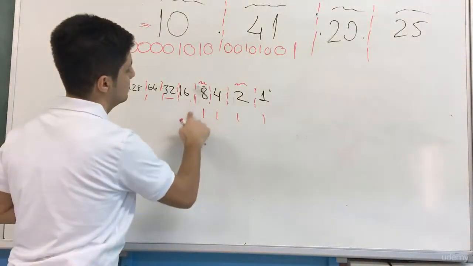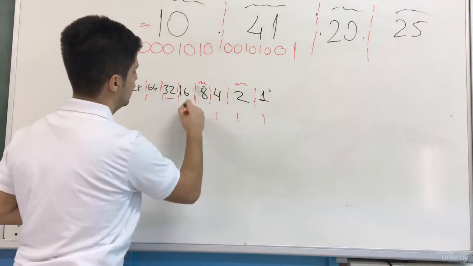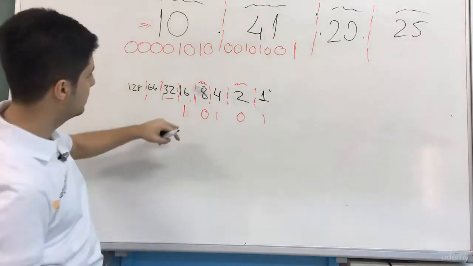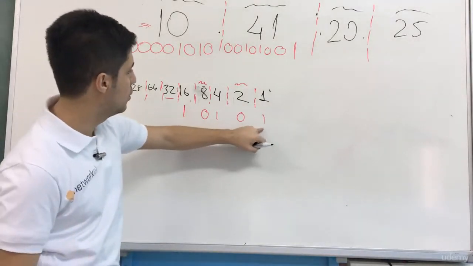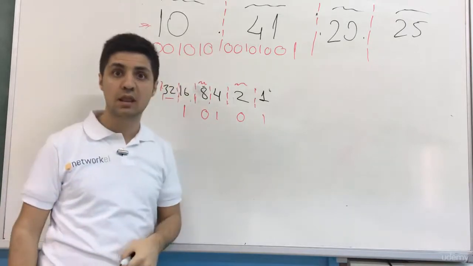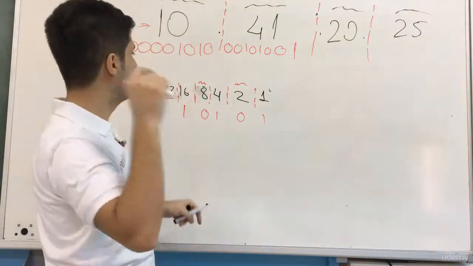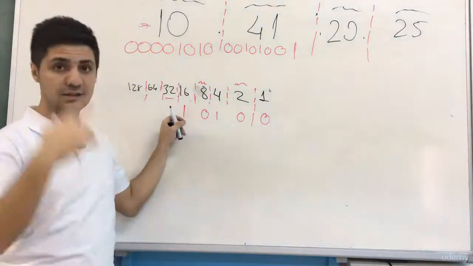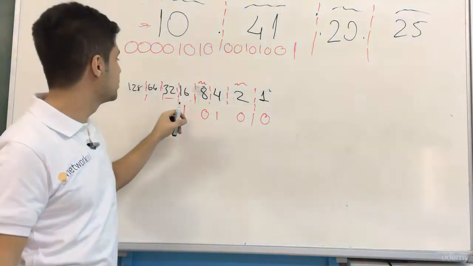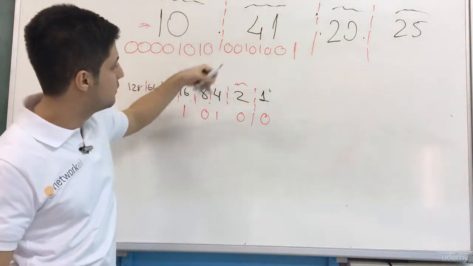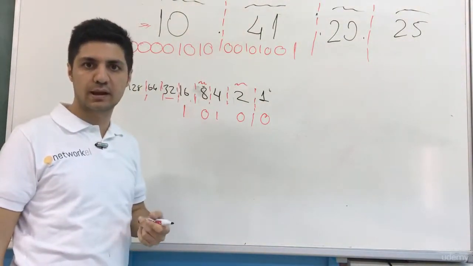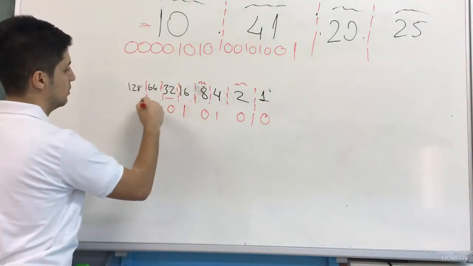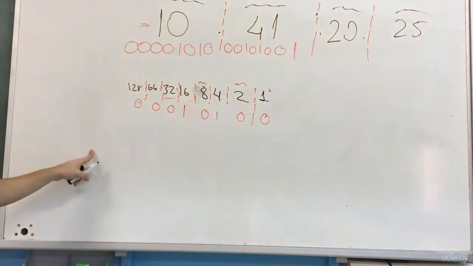What if I make here 0 and these guys are 1? 16, 4, 1. That means, oh no, this is going to be 0 too. I thought that we were calculating 21. Okay, 16, 4. What's the result? 20. That's so cool. Okay, I'm going to use 0 on the other fields.